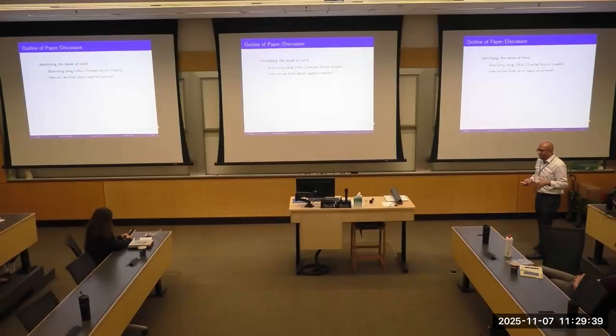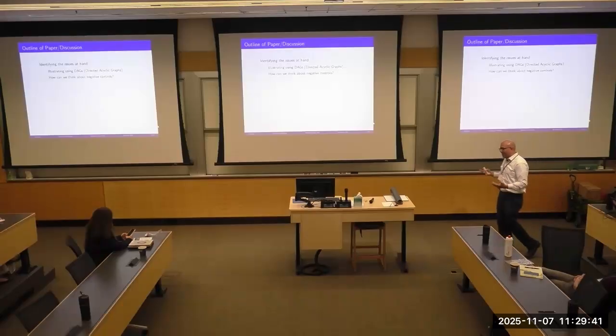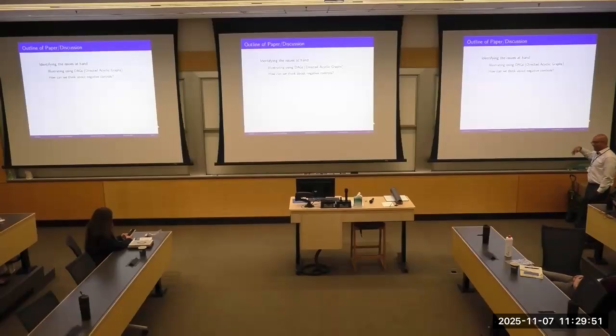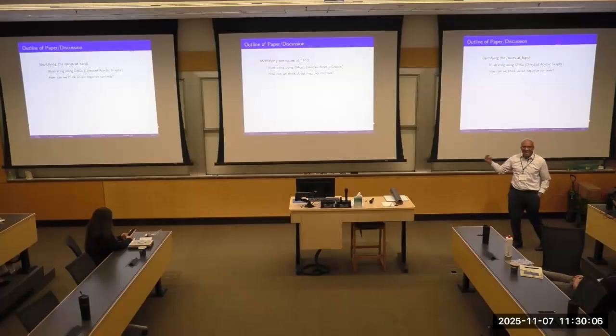Roughly the outline of their paper and of my discussion is, first, let's try to identify the problems that we've got at hand. They are illustrating these using DAGs, directed acyclic graphs, which Judea Pearl is most noted for using a fair bit. I think they actually work really well in this situation of highlighting what's going on.